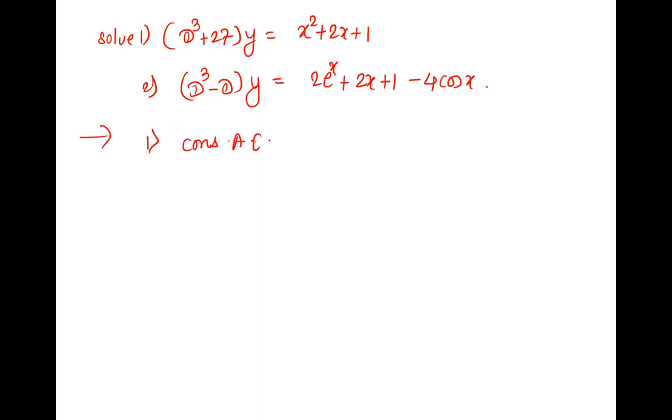Consider the auxiliary equation: d cube plus 27 is 0. Tell me the roots. d is equal to minus 3, okay, minus 3. 1.5 plus or minus 2.5 i. Just check once.